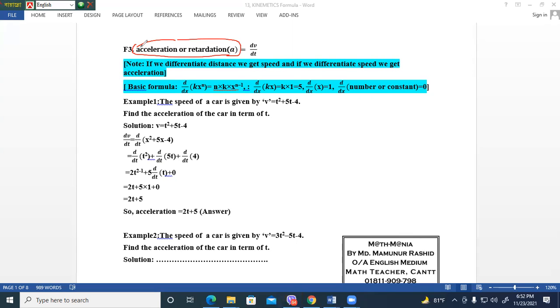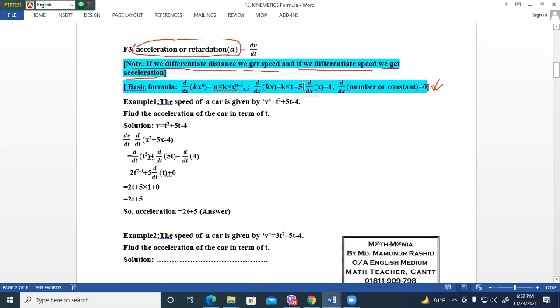So once again, if the velocity is given and you differentiate once again, then you get the acceleration. So read these notes once again. If you differentiate the distance, we get the speed, and if you differentiate the speed, we get accelerations. The basic formula is given once again, you learn it.